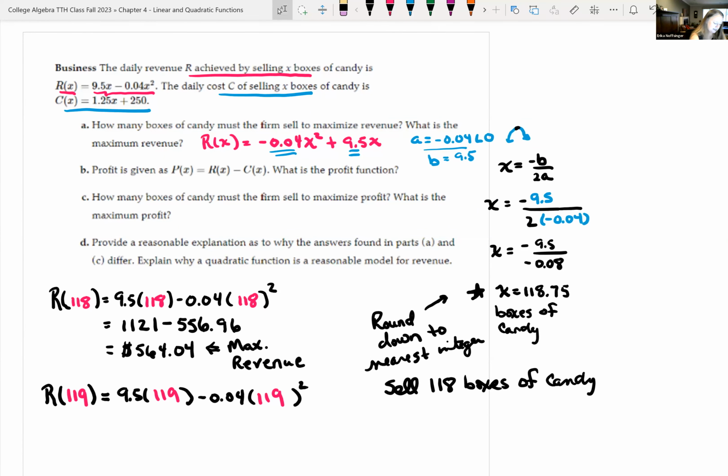If we do this, this is equal to $564.06. So technically 119 boxes gives us a little more, 2 cents more.